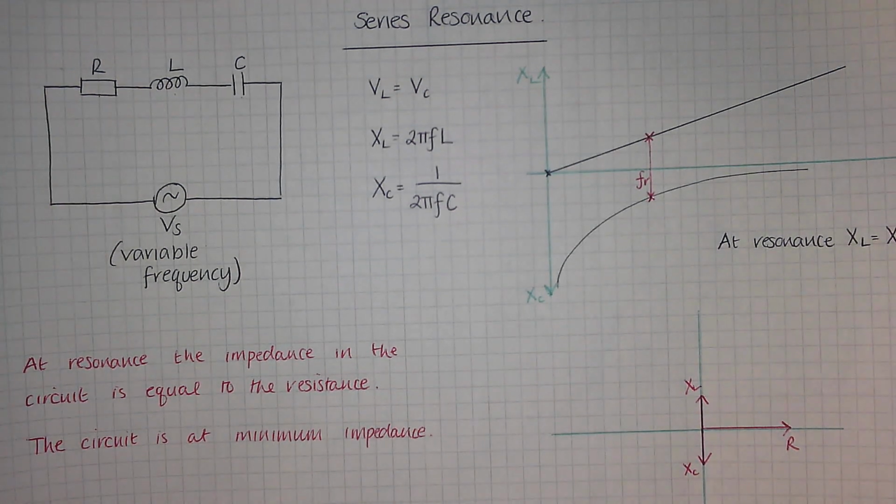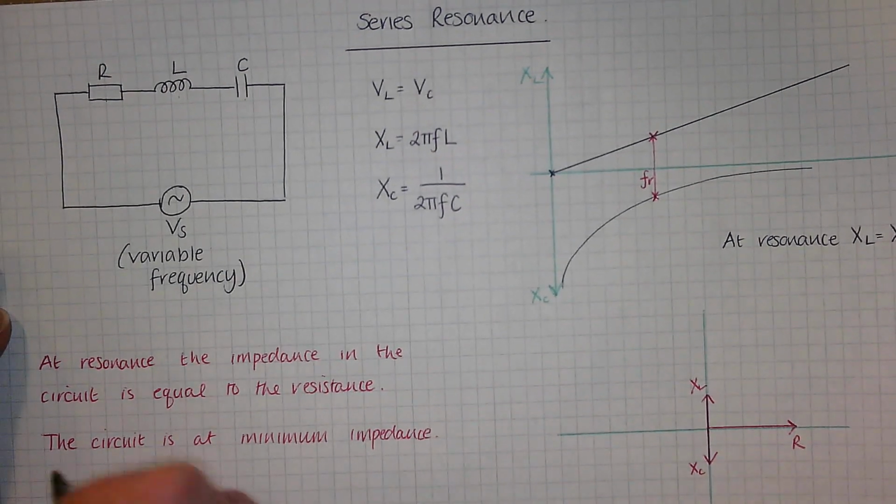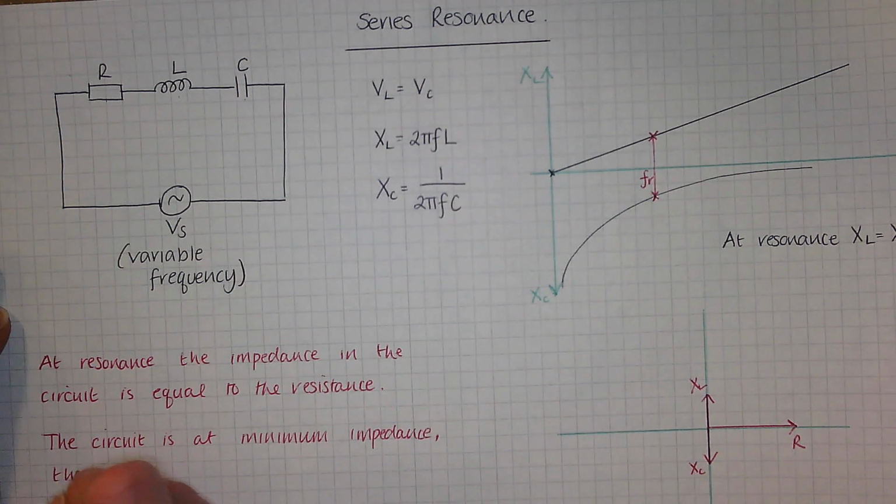Now if you've got a minimum impedance, what do you have in terms of current? So you'll have a higher current. So you'd have a maximum current. So if you've got a minimum impedance, then that will draw a maximum current.